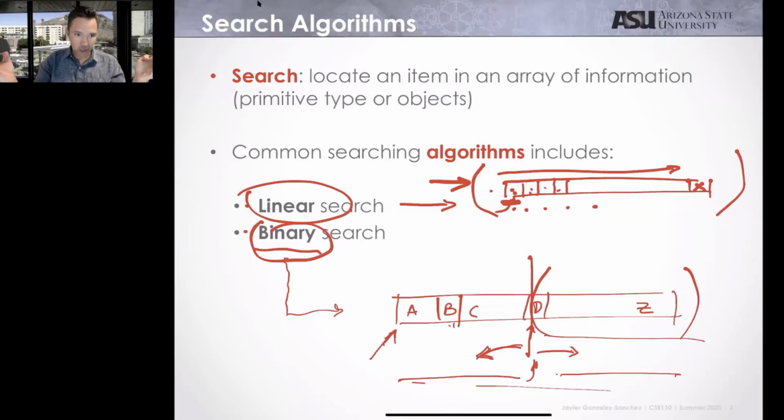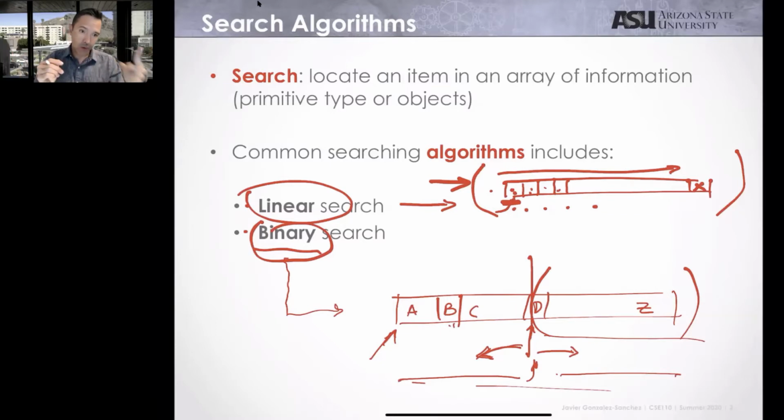So alphabetical order with the letters or numerical order, whatever. The data should be sorted. The data should be in some kind of order. If not, you cannot use binary searching.